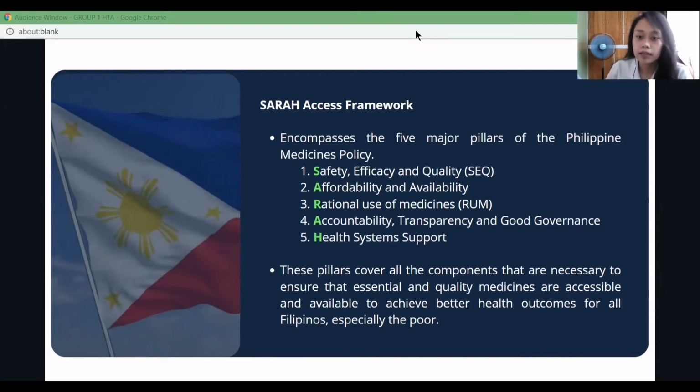So the next pillar is affordability and availability. For this pillar, the government shall engage in a collaborative endeavor with all partners and sectors to ensure that Filipinos have adequate and timely access to medicines at all points of health service delivery.